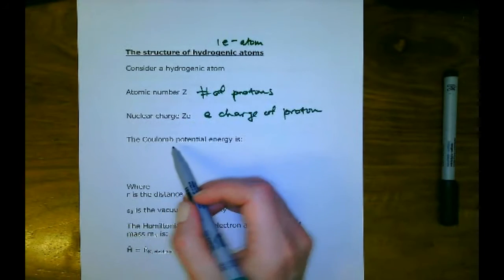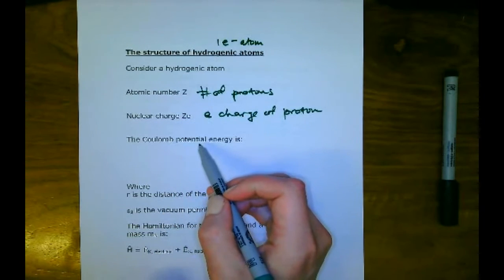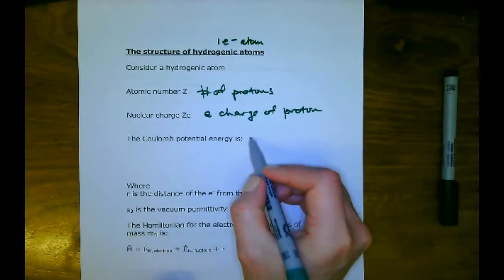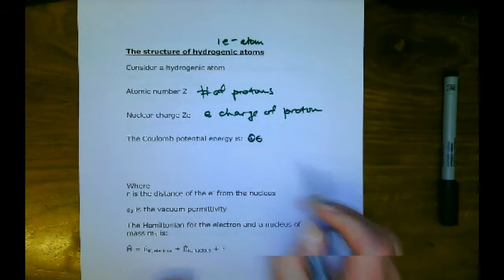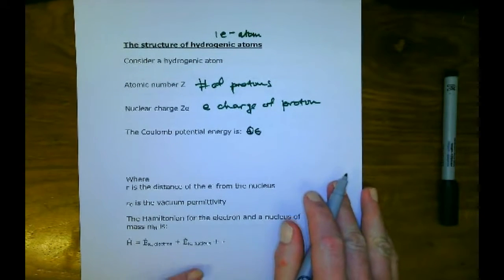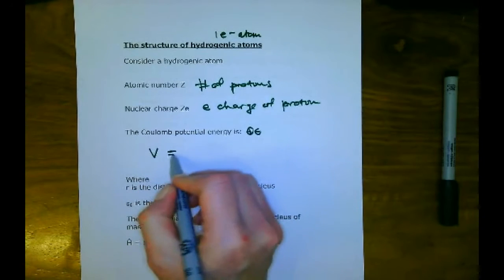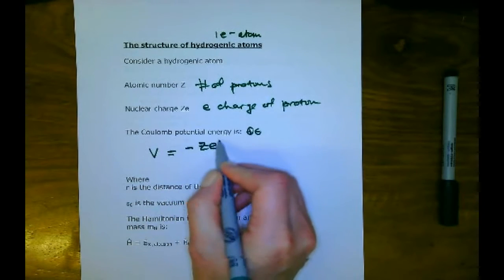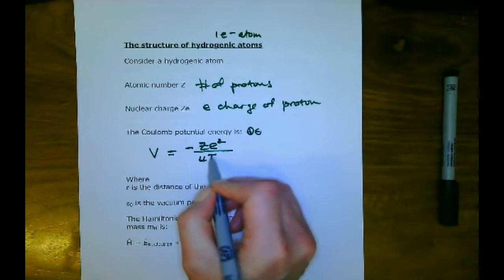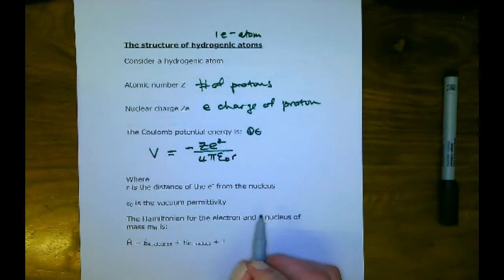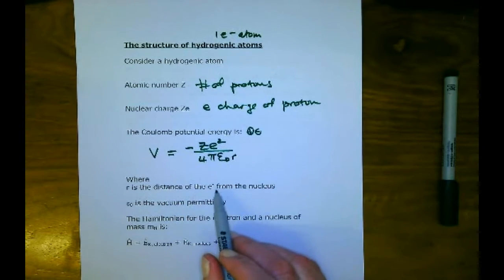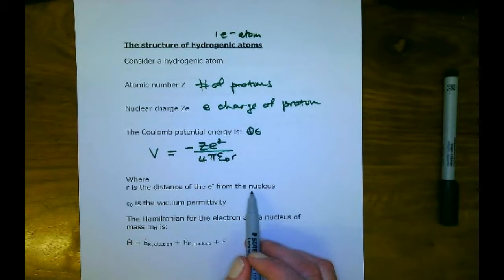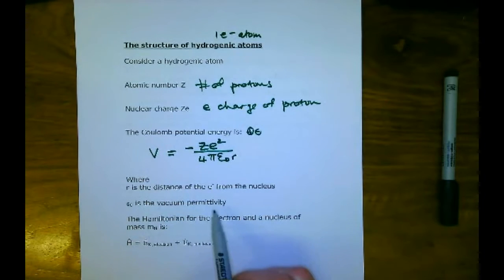It also has a potential energy, the Coulomb potential energy, which is the positive-negative potential energy between the nucleus and the electron, given by this equation. r is the distance of the electron from the nucleus. Epsilon 0 is the vacuum permittivity.